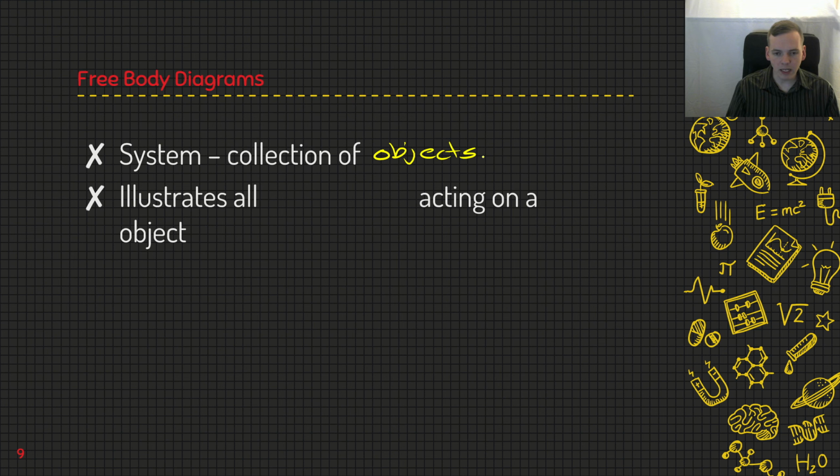And when we're talking about systems, we're typically only looking at external forces. So what do I mean by this? Well, if you think about your hand, and what makes up your hand, there's 5 fingers on your hand. Each of those fingers is made up of a bunch of cells, is made up of a bunch of atoms, and we can go down to all these different levels.